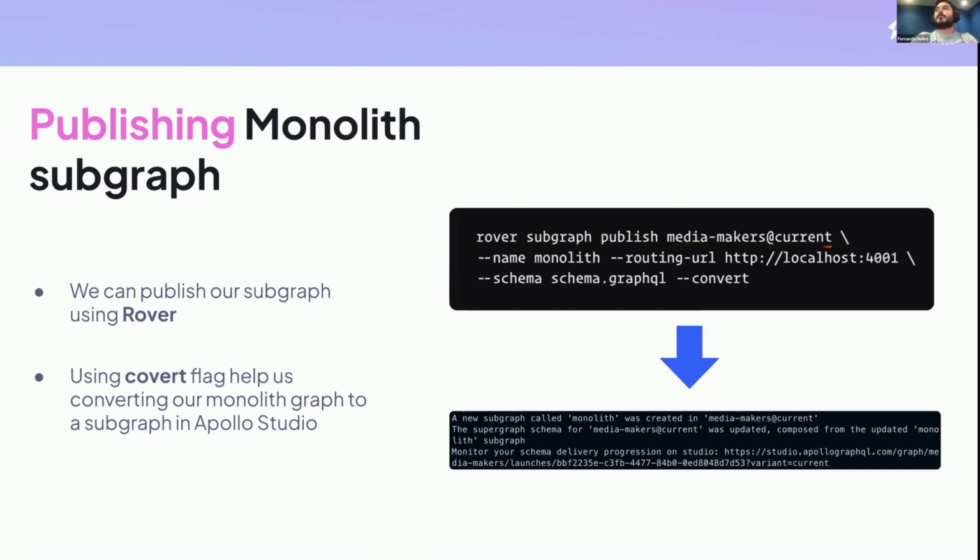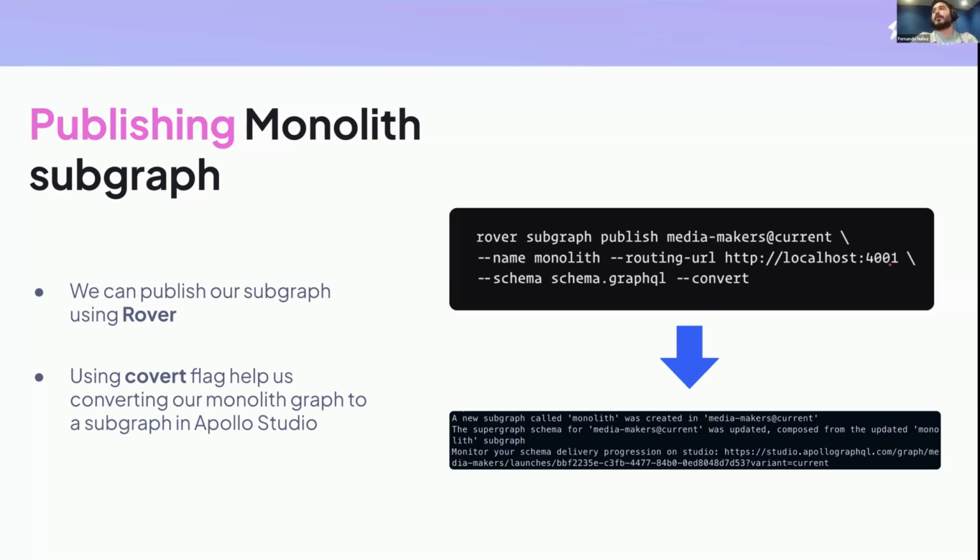We are going to publish to the Media Makers current graph, and this is important because we are going to name this subgraph monolith, because it has all the information, and we are going to say that the routing URL where we are going to receive requests is this one.